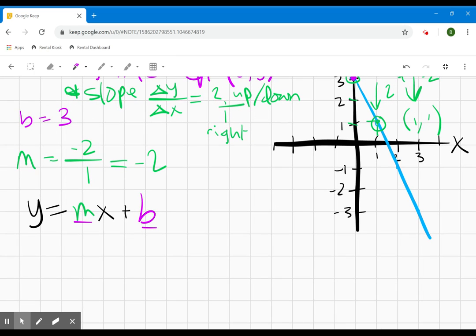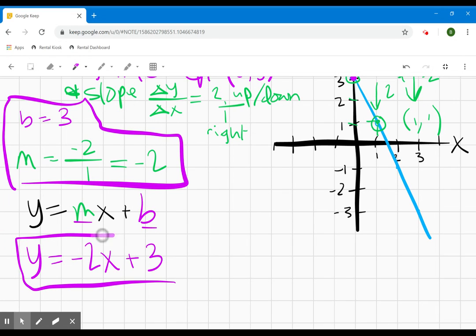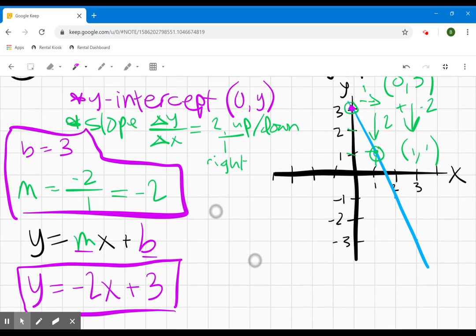So let's rewrite this equation based on what we just found. We're going to have y equals m, which is our slope of -2, times x plus b. In this case, b is 3. So that would be your answer right there. That is how you write a slope-intercept form of a linear equation given a graph.